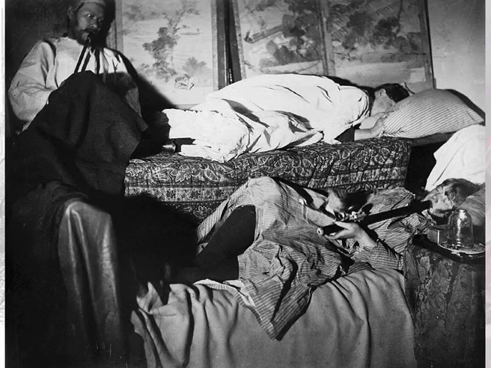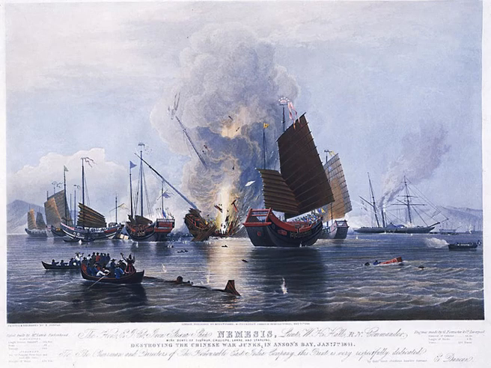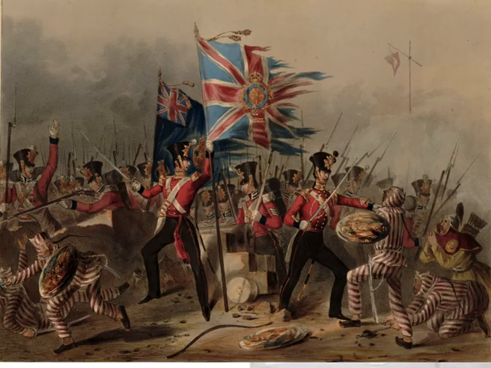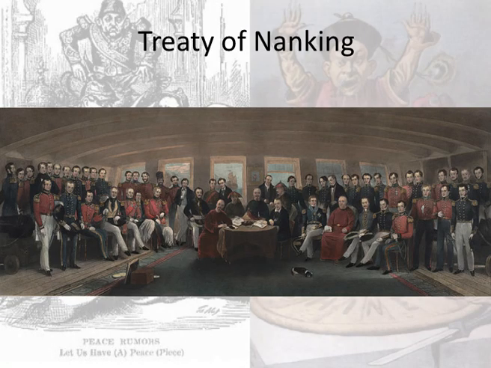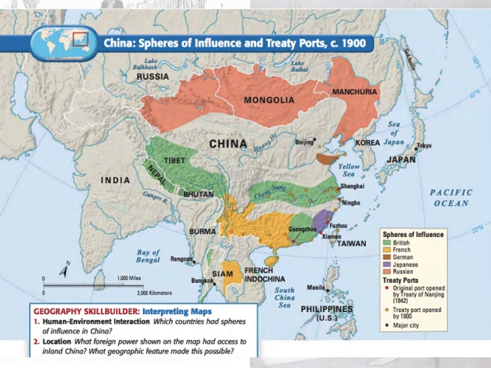When the Chinese said no more, the British sailed their industrially superior ships up to the Chinese coast and into the Chinese mainland, into the rivers, and as a result win 2 opium wars in the 1830s and 40s. Now, after the second one, they signed the Treaty of Nanking, which forces the Chinese to open up what we call spheres of influence.